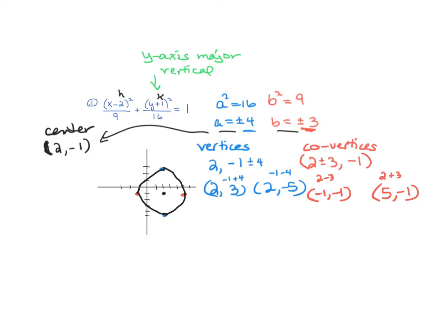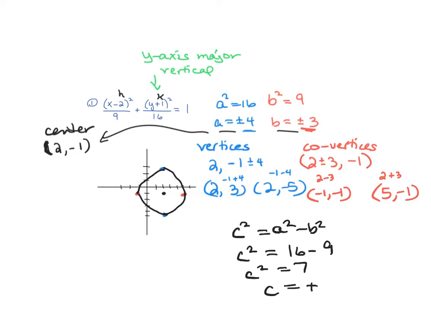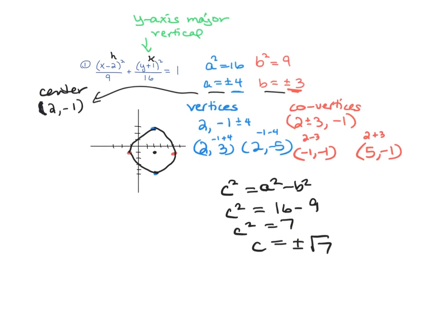Now I need to calculate the foci. C squared equals a squared minus b squared. C squared, 16 minus 9. C squared equals 7. C equals plus and minus root 7. Again, I could approximate the square root of 7. This would be a 2, this would be a 3.